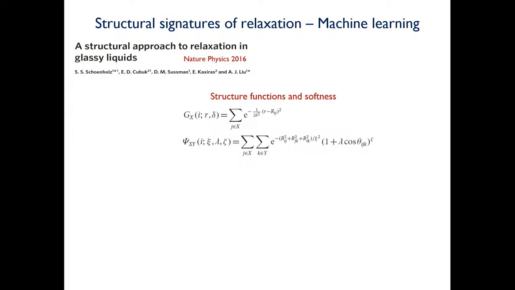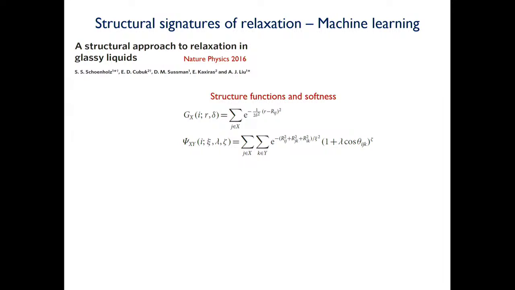So this is G, with this Rij sitting here, which characterizes the structure as a function of distance from a tagged particle, and then there is this Psi, which takes into account the angles between the particles. So essentially, there is information about radial distance, and also information about the angles in these structure functions.